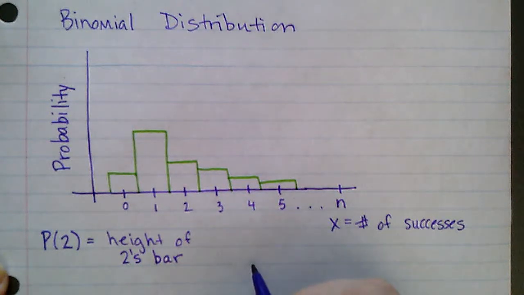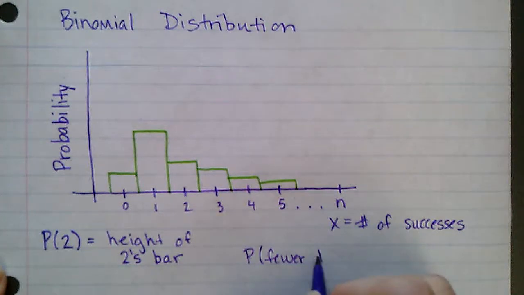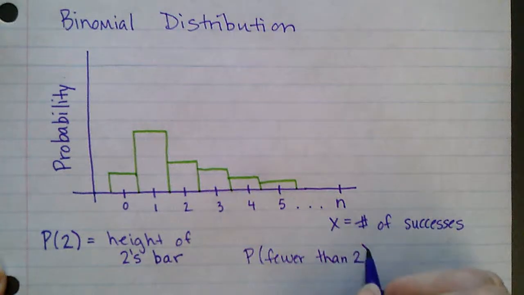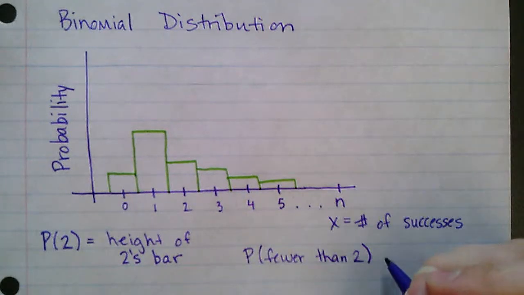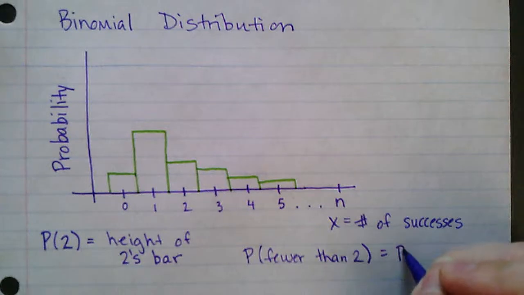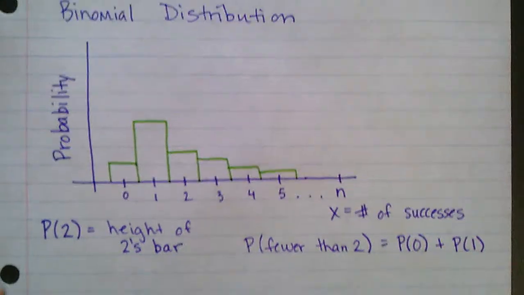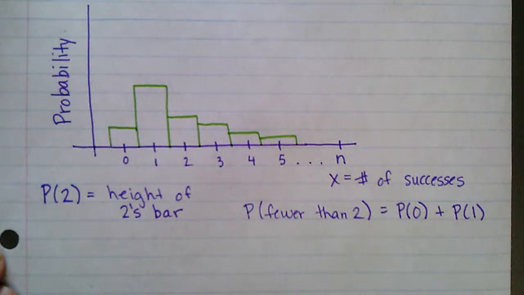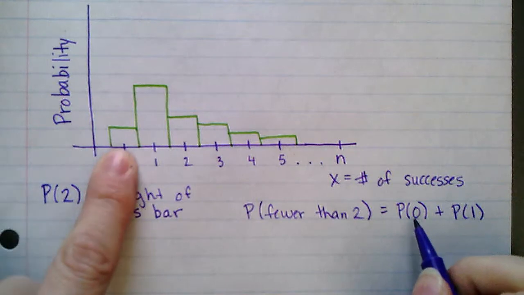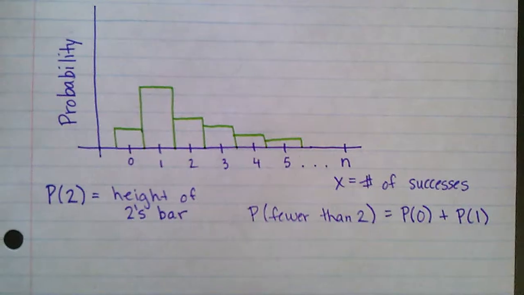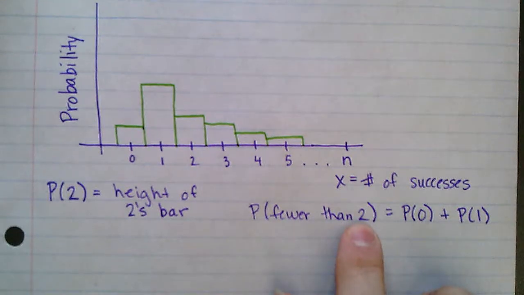But if I wanted the probability of fewer than 2, then I would need to add up the probability of 0 plus the probability of 1. So I would be adding the height of the 0 bar to the height of the 1 bar. It would not include the height of the 2 bar because I wanted fewer than 2.